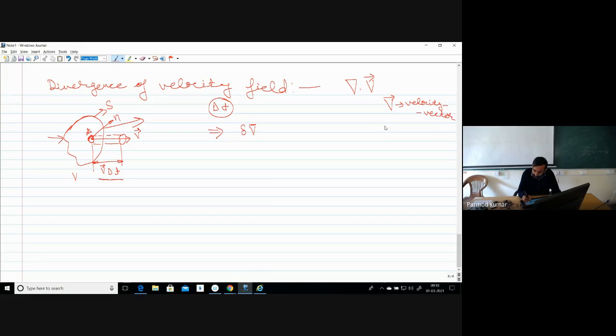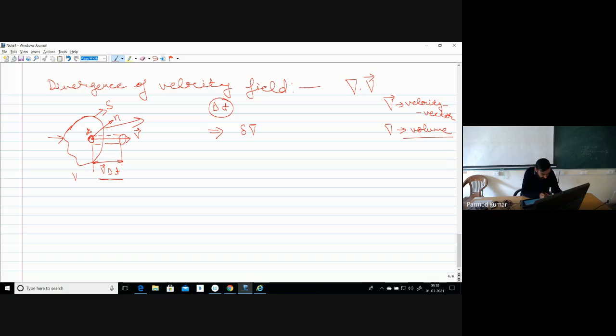When I write capital V with a bar sign, I am referring to volume. Please take care of this nomenclature. So delta V bar is the elemental change of the volume due to the motion of the control surface.